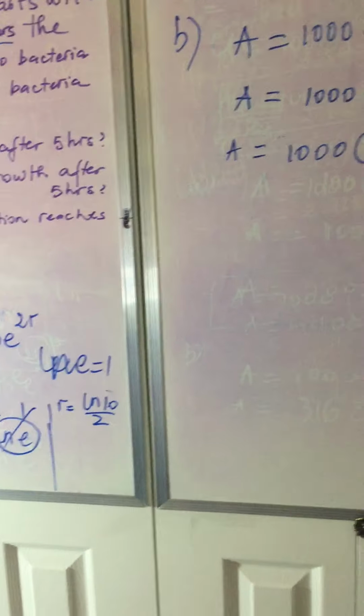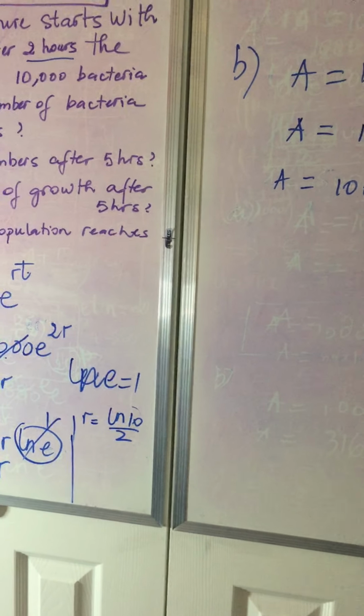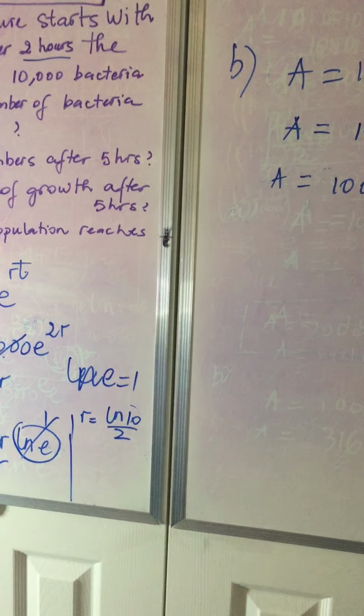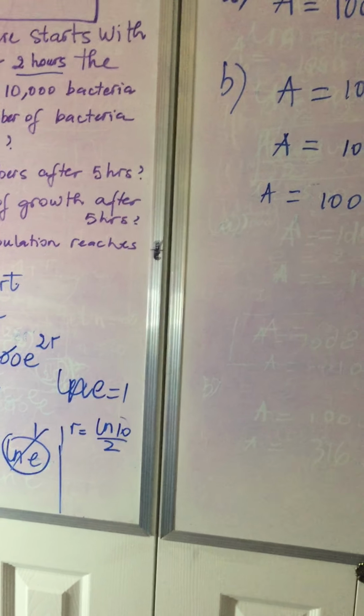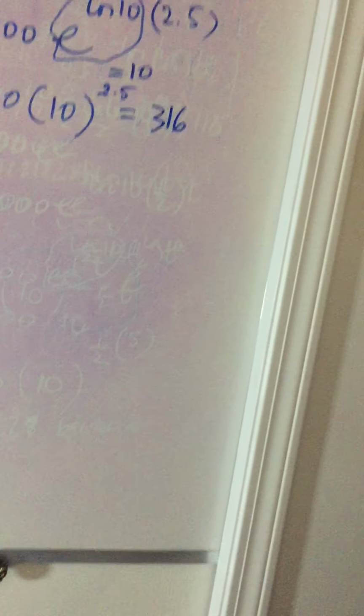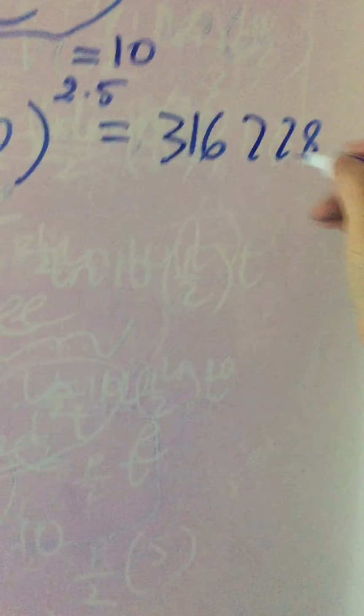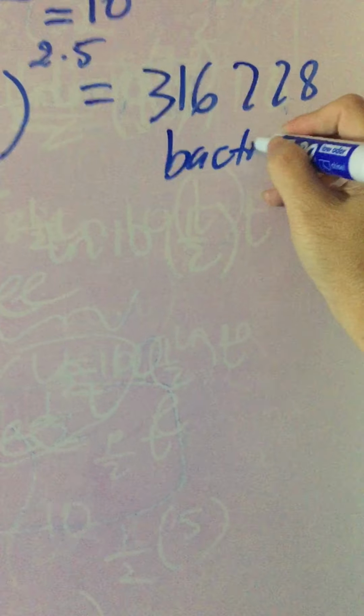We're going to do 10 to the power 2.5 times 1000. The answer is 316, rounded off to 28 bacteria. That's the answer.